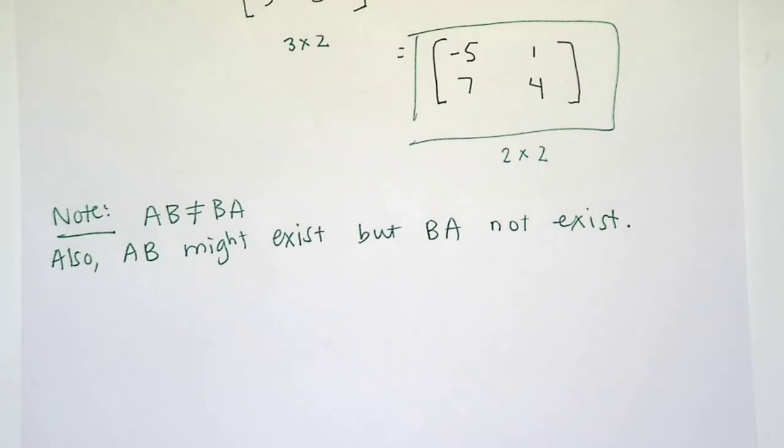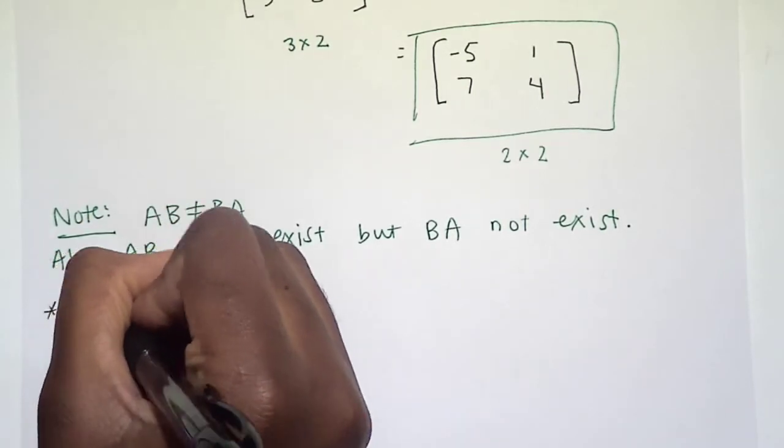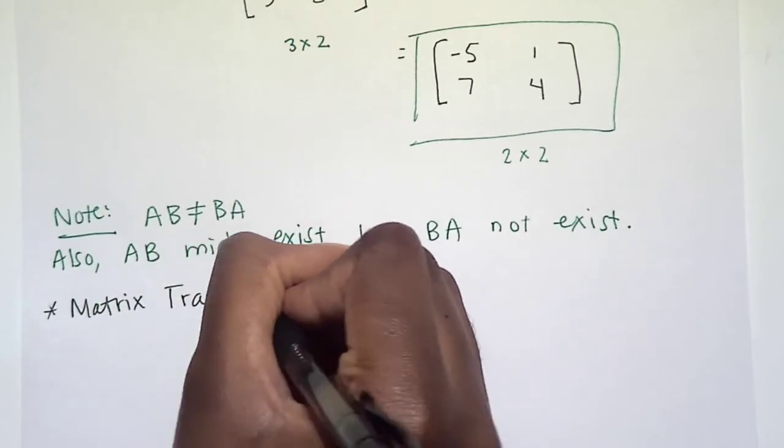All right, the next thing I want to talk about is matrix transpose. So sometimes a matrix as is not helpful, but we may need to transpose it for some reason or another. I know when I program things and use matrices, I often have to use the transpose of the matrix that I got from my data. All right, so matrix transpose.